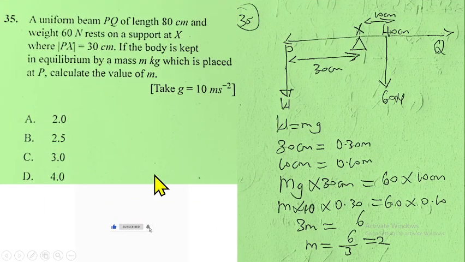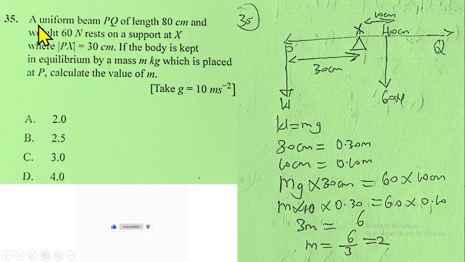Question number 35 is also from mechanics. It's from equilibrium of a meter rule. You have to balance a meter rule.